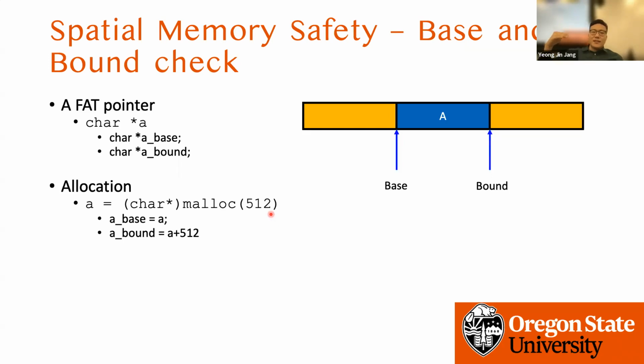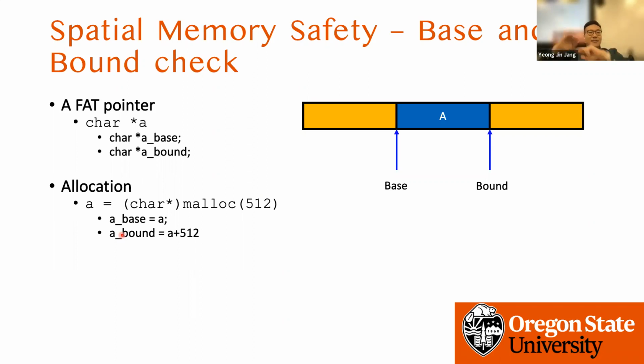Then we set the base as the pointer itself, because the pointer points to the start of the memory, and the bound as the pointer plus 512, because that's the length the programmer intended. The compiler automatically inserts these two lines right after the malloc call.